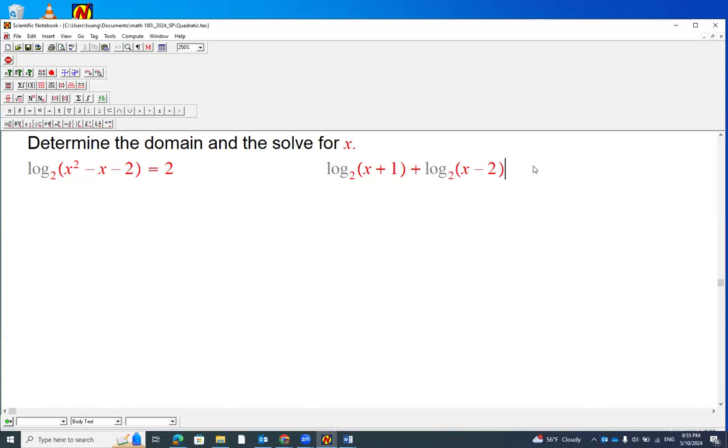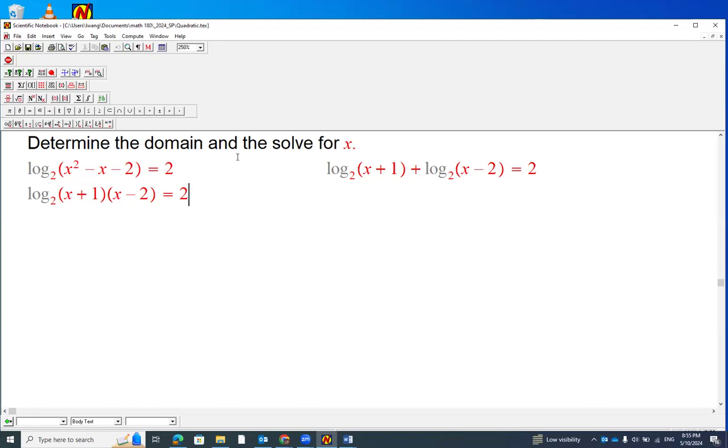Okay, if I ask you to solve these two equations, they look almost like the same, right? Because if you do the product rule on this one, if I factor the log base 2 here, I would have got x plus 1 times x minus 2 equals 2.